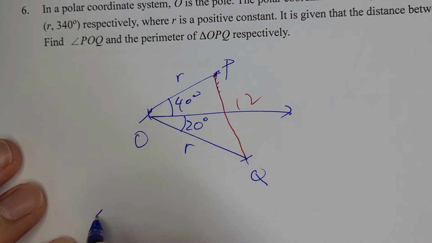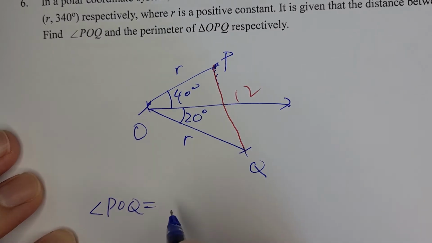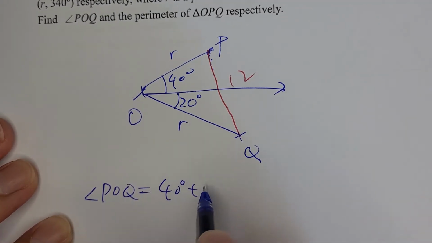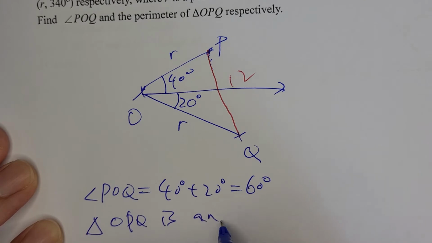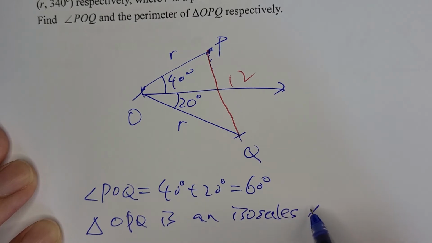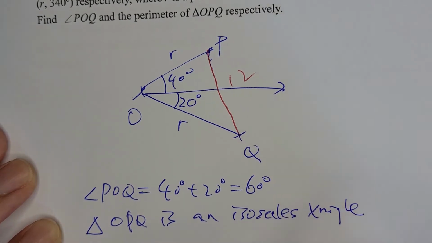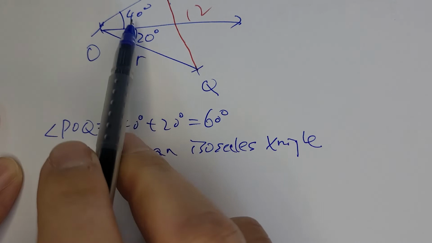So quite straightforward. Angle POQ actually equals 40 degree plus 20 degree, that is 60 degree. And you can find that triangle OPQ is an isosceles triangle, right? You can see these two are the same.